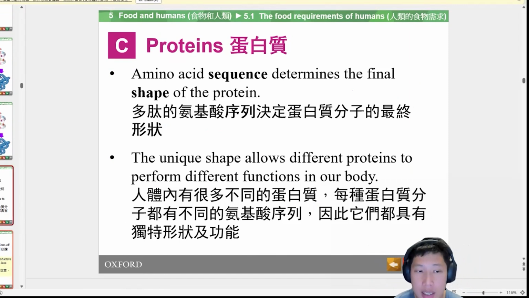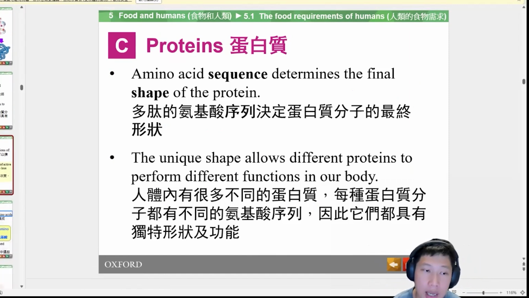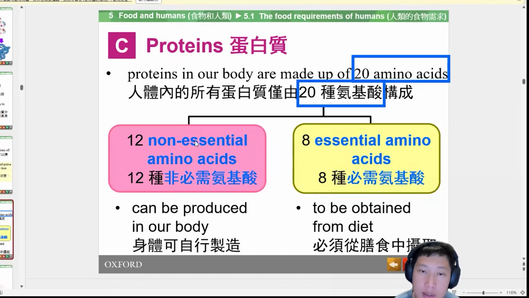Now, in our body, we do have a lot of amino acids, but some of the amino acids cannot be produced by our body. But some of the amino acids can be produced by our body.